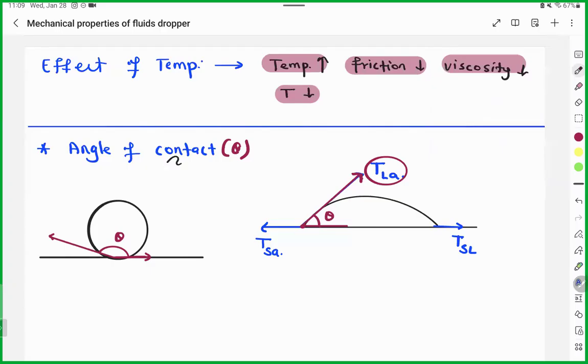So how to define this angle of contact? It is between the tangent to the liquid surface, one thing, and the solid surface inside the liquid.